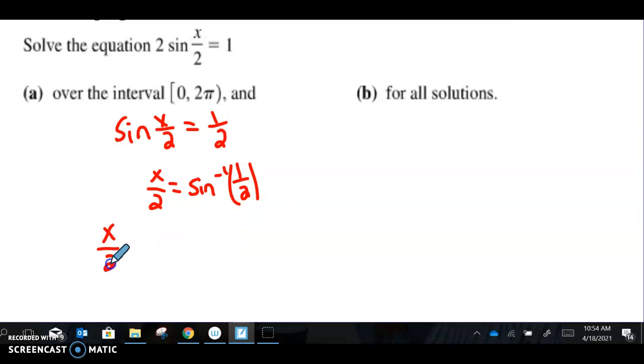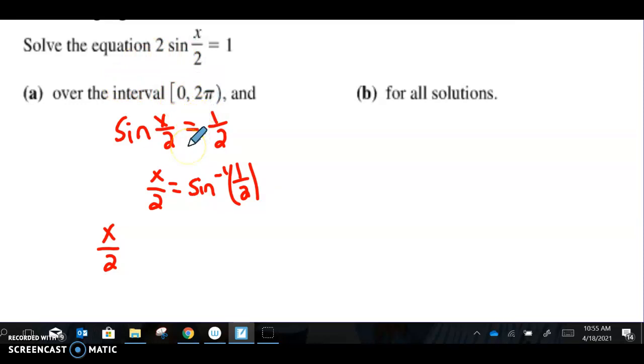You either have to look it up on your unit circle, that's fine, or you stick it in the calculator, which remember won't always give you the exact answer. It gives you a clue. If you do inverse sine of a half on your calculator in degree mode, you get 30 degrees. We want it from 0 to 2 pi.